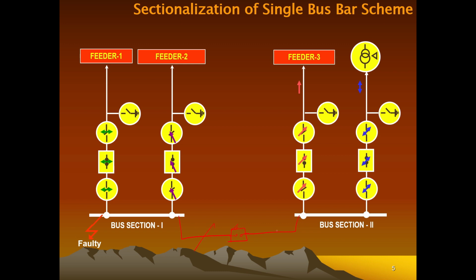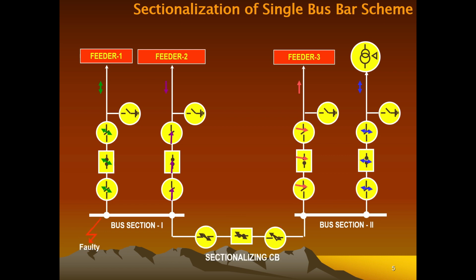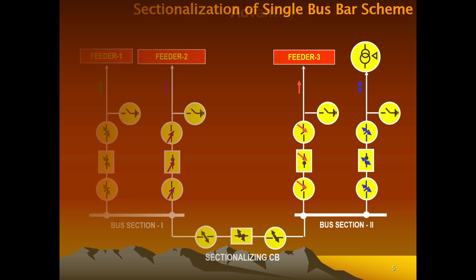So we need isolators on both sides of the breaker also. So this is the sectionalizer: one circuit breaker and two isolators on both sides of this breaker. This is the sectionalizer CB. If you have removed the fault, your power flow will be as per this animation in all the four feeders. The bus sectionalizer will remain in service.